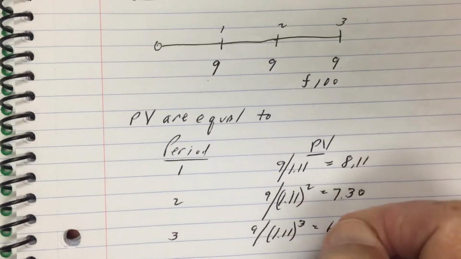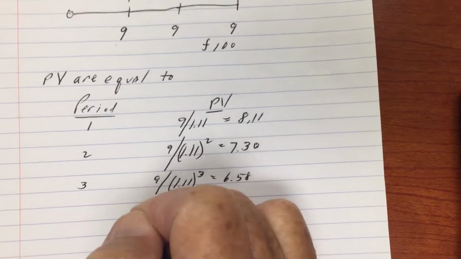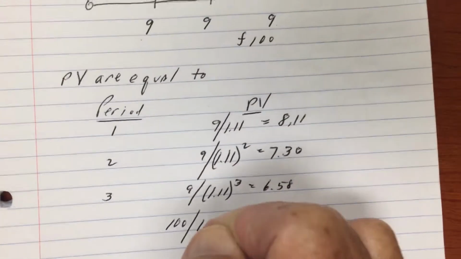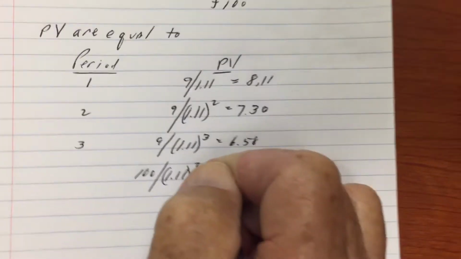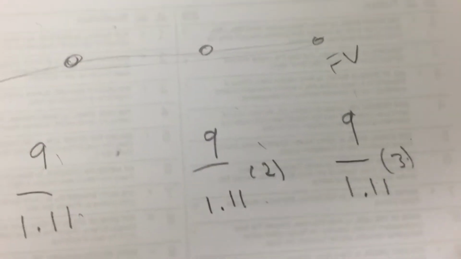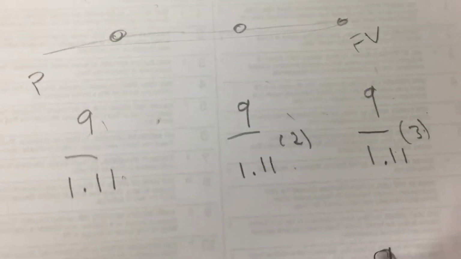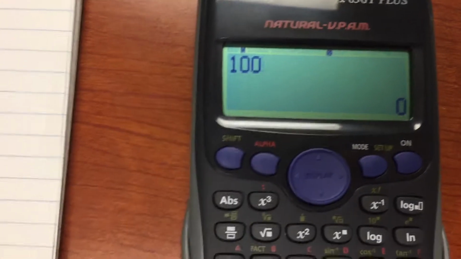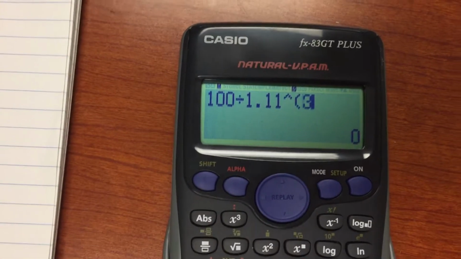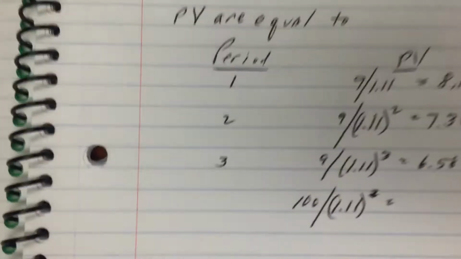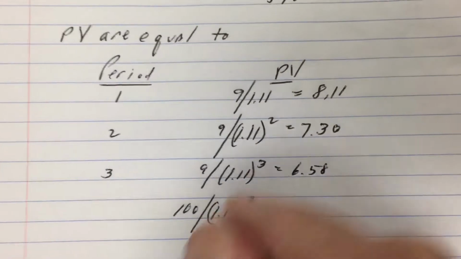And then we have another cash flow at that time, which is 100 divided by 1.11 cubed, which is 73.12.